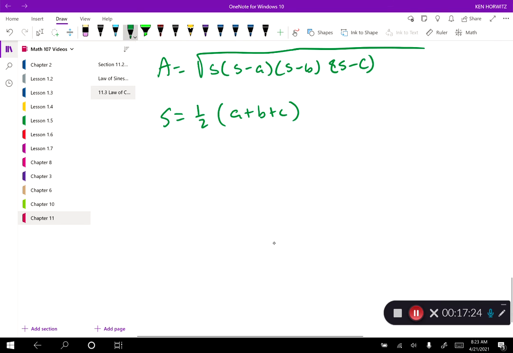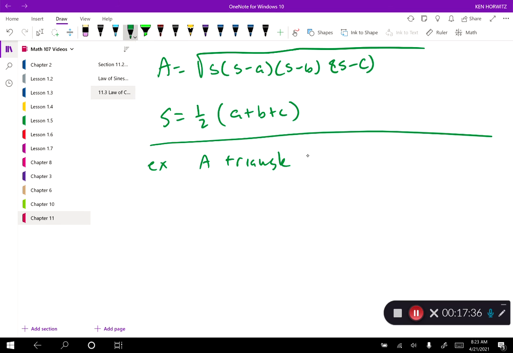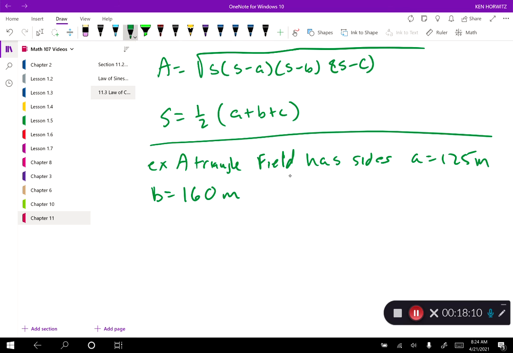If I said a triangle field, that way we relate it to something real, has sides of A equals 125 meters, B equals 160 meters, and C equals 225 meters. And the question is, find the area of the field.